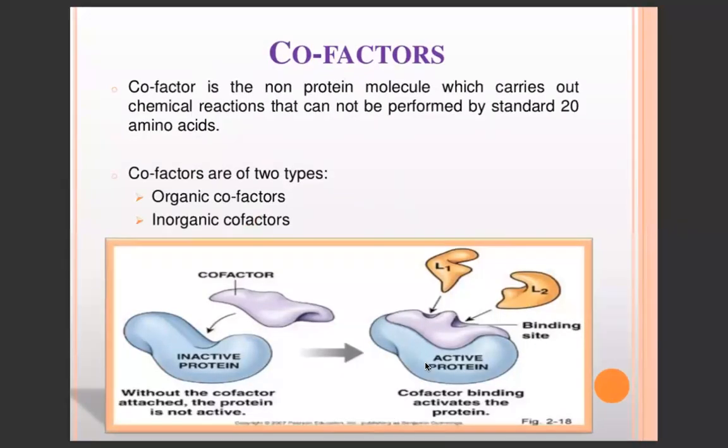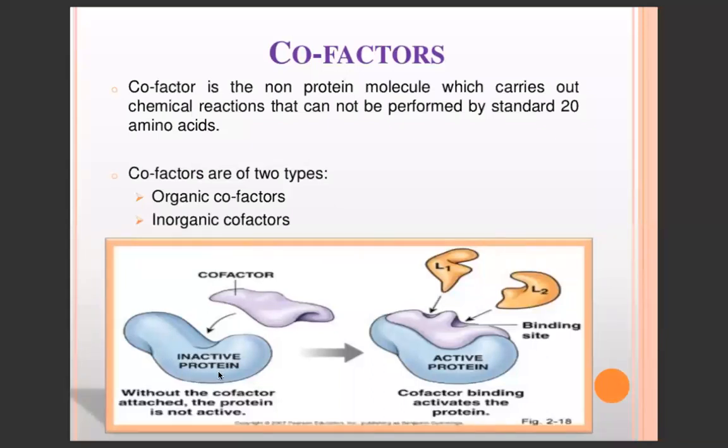What are cofactors? A cofactor is a non-protein molecule which carries out chemical reactions that cannot be performed by the standard 20 amino acids. So a cofactor is essential for a reaction to be done. There are two types of cofactor, organic and inorganic. For example, this is an enzyme which is inactive.